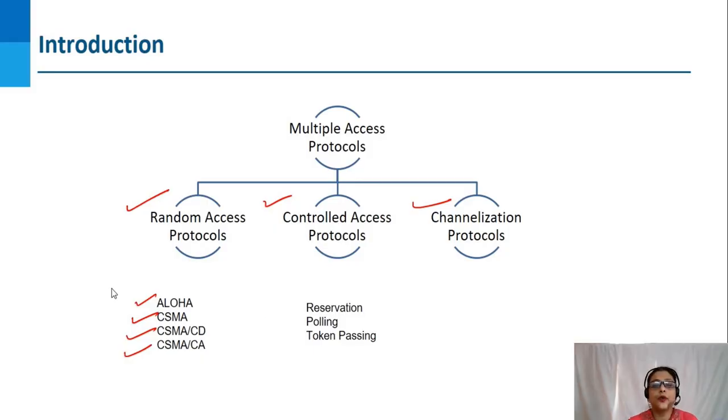The control access protocols are reservation, polling and token passing. The channelization protocols are FDMA, TDMA and CDMA. FDMA stands for frequency division multiple access. TDMA stands for time division multiple access and CDMA stands for code division multiple access. We are going to learn about these control access protocols and channelization protocols in later videos.